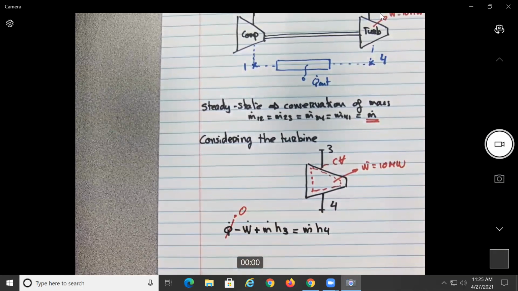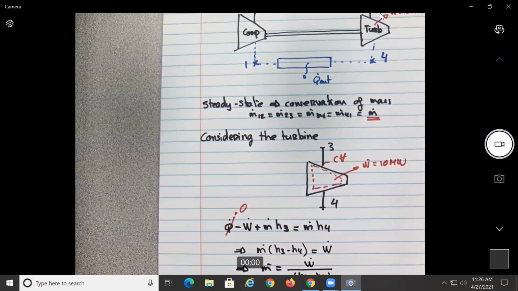And here basically we get m dot times (h3 minus h4) equals the power, or we could say that the mass flow will be equal to the power divided by (h3 minus h4).